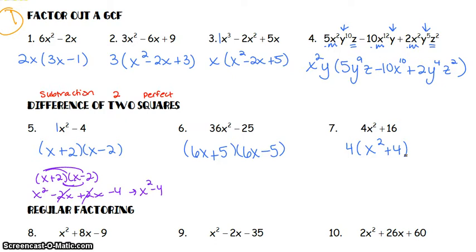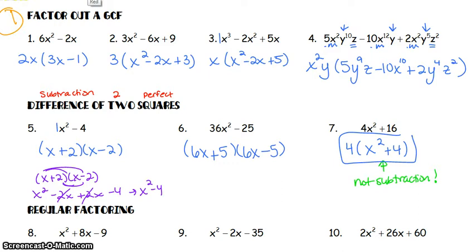What's our problem? Yes, we don't have subtraction. If we don't have subtraction, then we don't have difference of two squares. You must have a subtraction sign there, because if I were to multiply those two out, I would get a minus 4 the way I did here, not a plus 4. That's not possible. This is not difference of two squares. All you can do here is pull out the GCF.